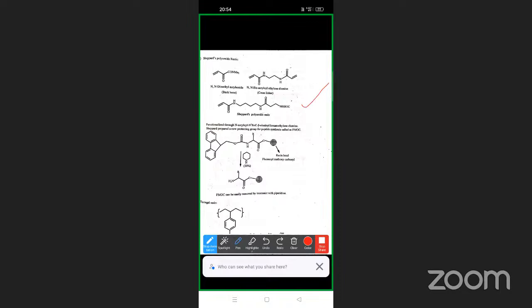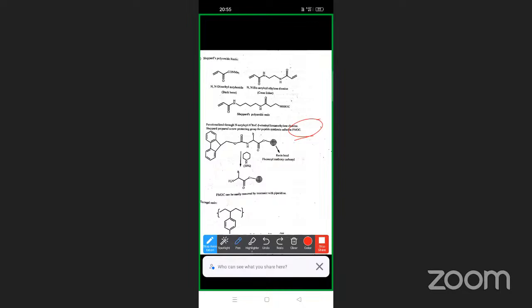In Sheppard's polyamide resin, one end is protected with BOC, a protecting group. Generally, for deprotection, BOC and FMOC are the amino end protecting groups.